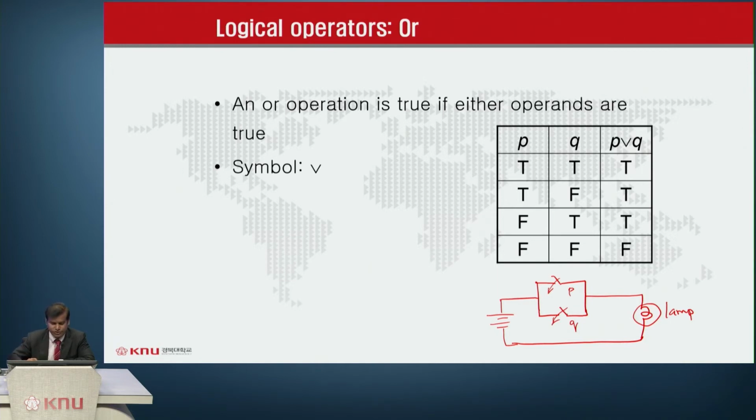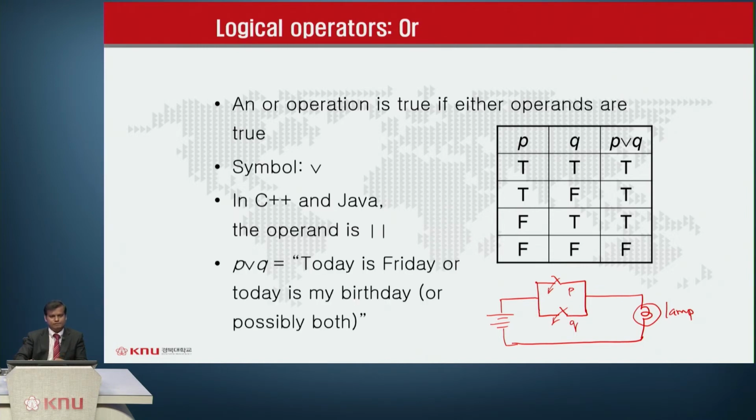That's the simple logic. And let's use it in our Boolean propositions. Even in C++ and Java, we use these operators that look like parallel lines to represent the OR operation.